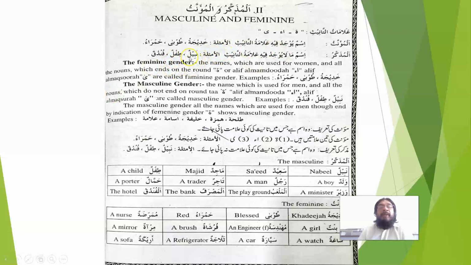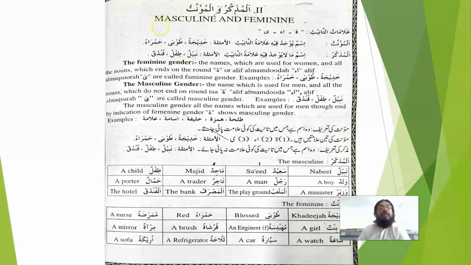Nabilun, Nabil, name of a person, does not have any signs of the feminine gender. Tiflun, a child, does not have any signs of feminine gender. That means there is no ta, there is no alif hamza, there is no ya. Fundukun, hotel. It is also masculine gender because there are no signs of feminine gender.